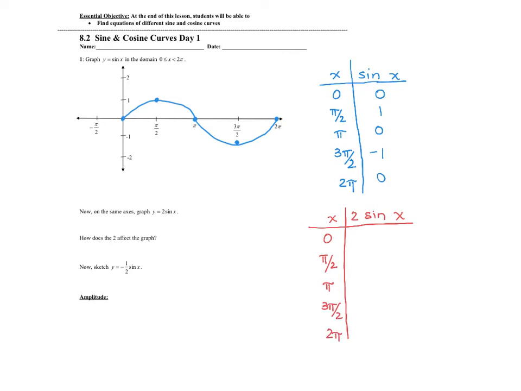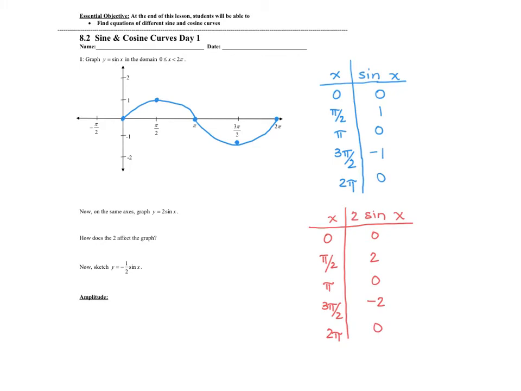Well, if the sine of x is 0 and I multiply by 2, that will still be 0. If the sine of pi over 2 is 1 and I multiply that by 2, that will become 2. Sine of pi is 0 times 2 is again 0. Sine of 3 pi over 2 is negative 1 times 2 will be negative 2. And the sine of 2 pi is 0 times 2, that's still 0.